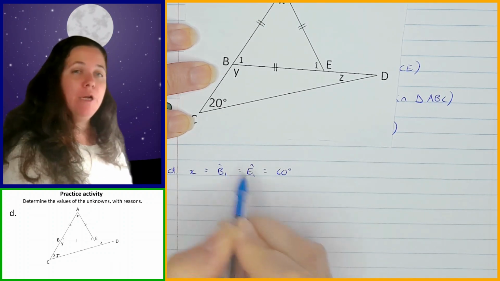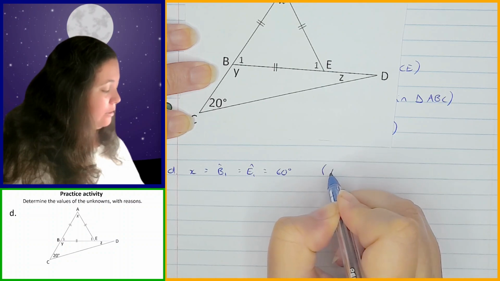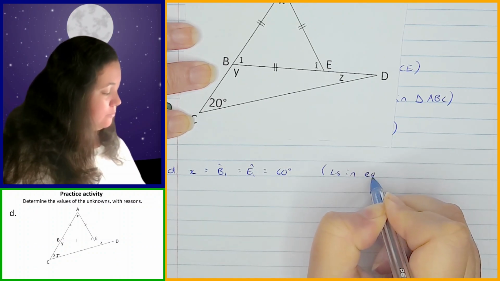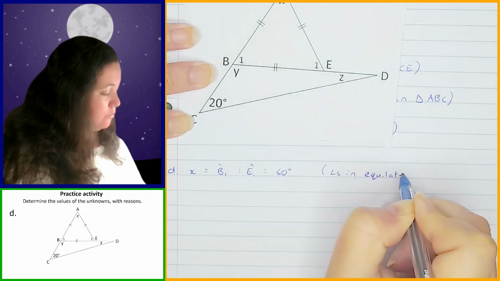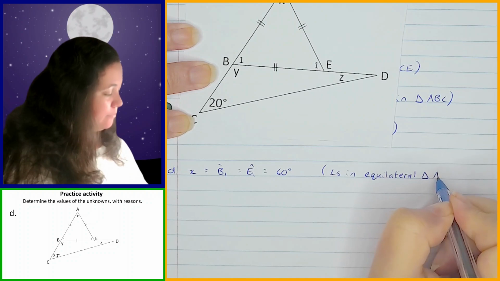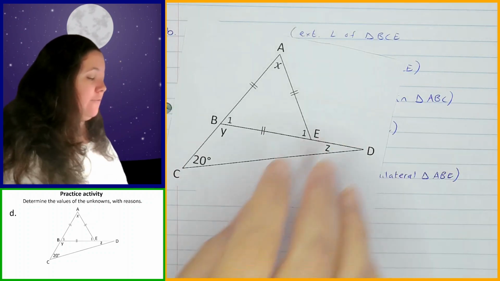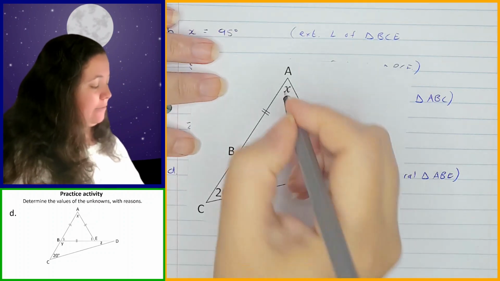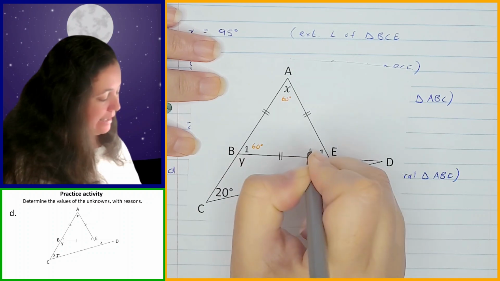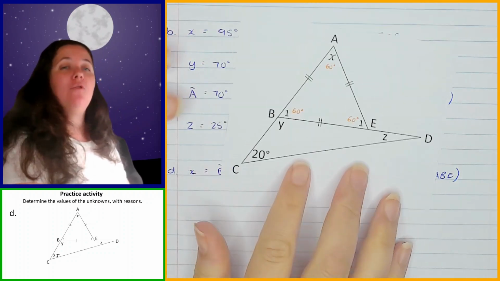So all three of those angles are 60 degrees, and the reason is because they are angles in the equilateral triangle ABE. Okay, so now I can go and fill the 60 in for all three of those. So this is 60 degrees, this is 60 degrees, and this is 60 degrees. Okay. So now I've worked out what x is.